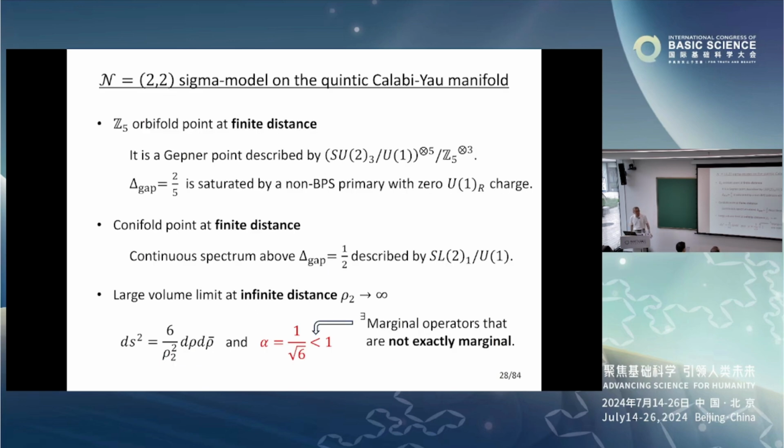Calabi-Yau sigma model is more interesting, because there is more variety of singularities. In the case of the quintic, for example, there is a Z5 orbifold point, which is also known as the Gepner point. In this case, there is a gap, and we can identify what kind of field saturates the gap. The conifold is even more interesting because if you look at the spectrum of the conformal field theory in the limit where you go to the conifold, there is a continuum spectrum coming down.